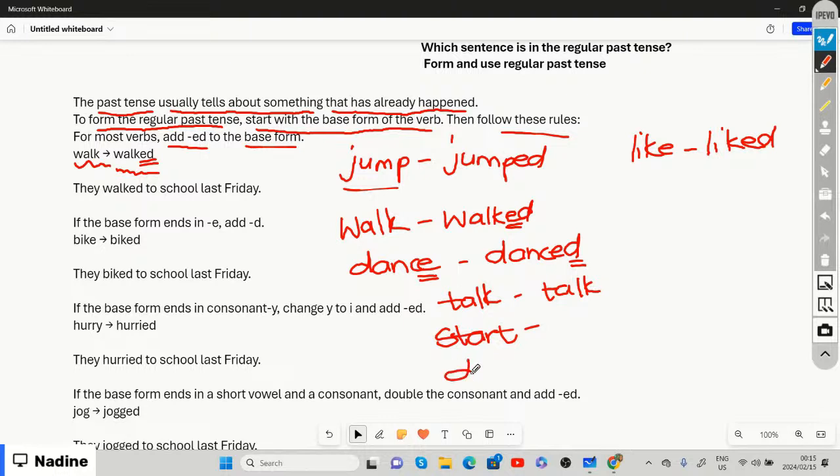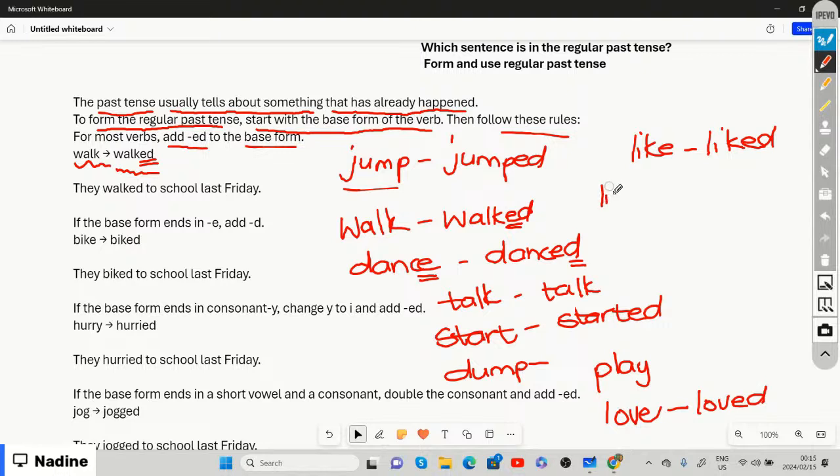Start or dump. Play. Love, even. And yes, I started on my assignment. So yesterday I started on my assignment. Dump. Okay, we have like, and then we have love and loved.